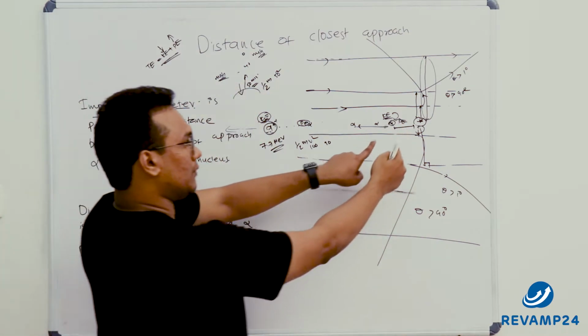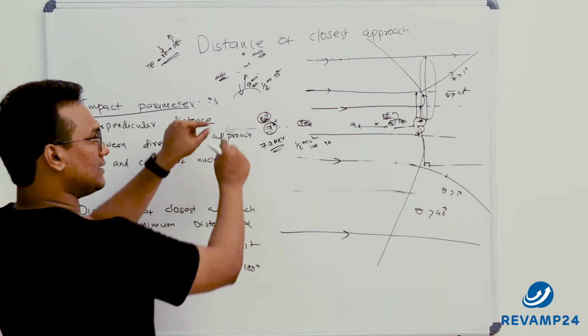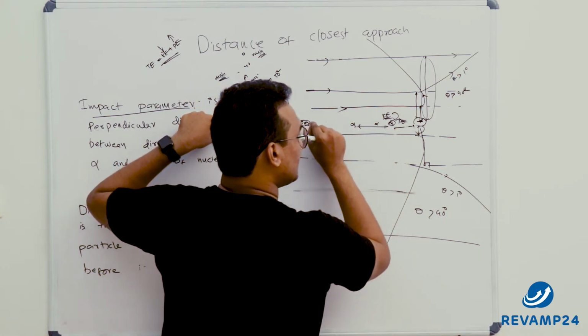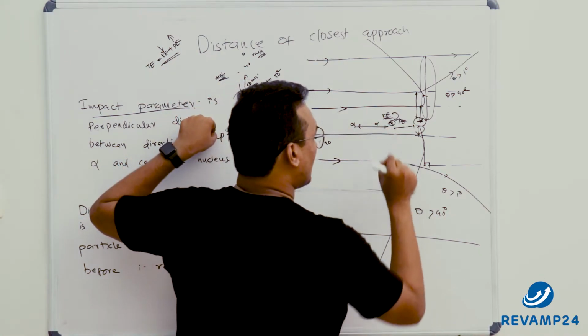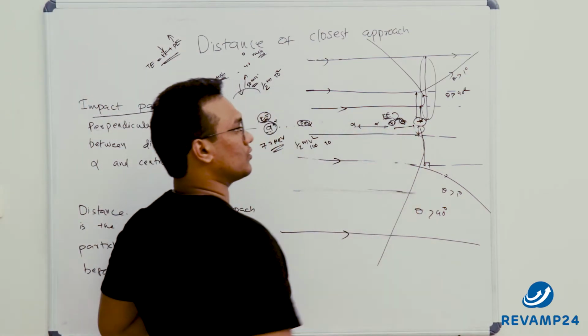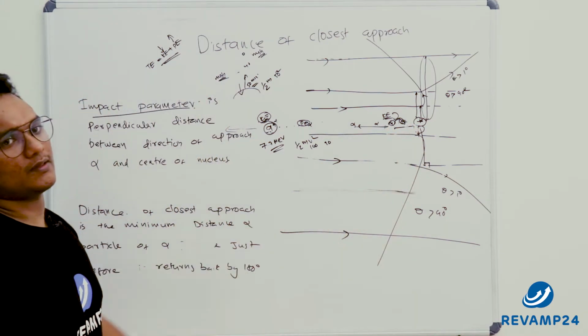So this is the minimum distance. Beyond this the alpha particle cannot go. I'll repeat it. With this kinetic energy, it will come along this direction, so kinetic energy will decrease, potential energy will increase. After some point, it will come back. Beyond this, it cannot go. That is, this distance is nothing but the distance of closest approach.